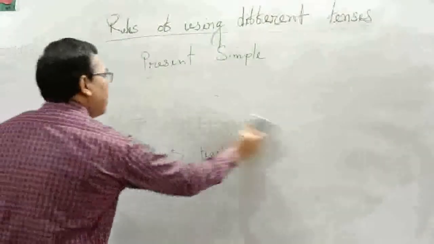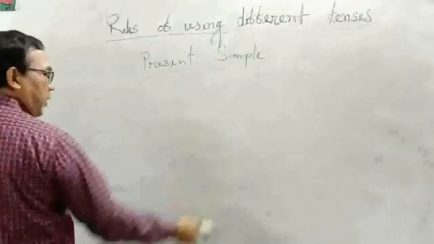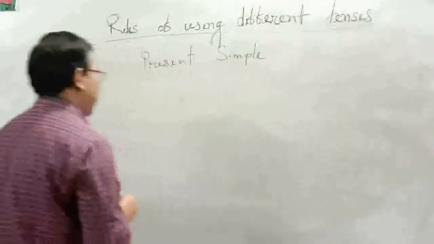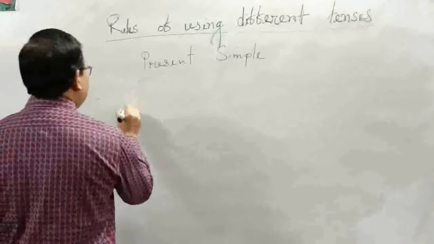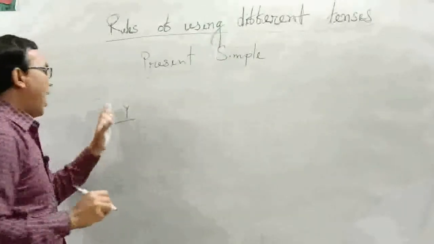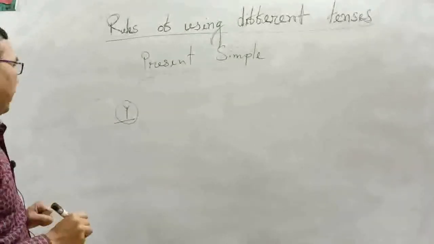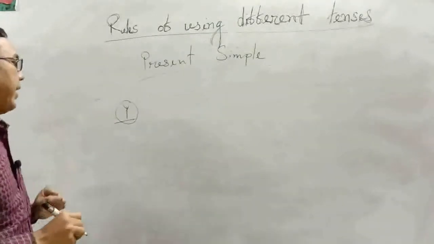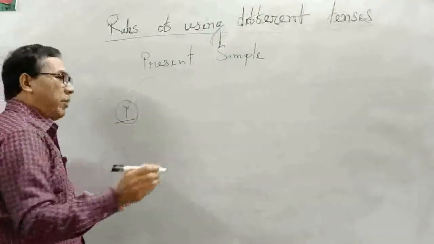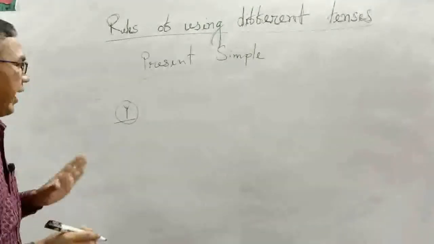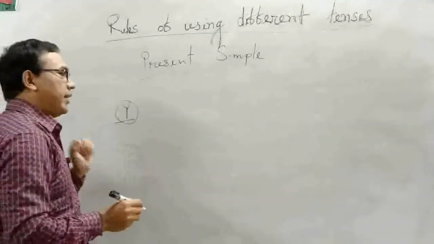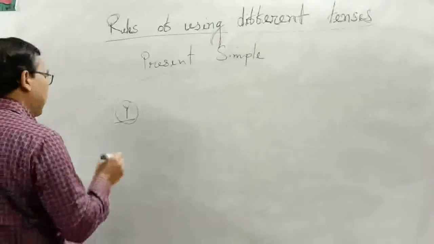And if a verb ends in y, and if the y follows a consonant, in that case y is omitted and ies is added to the verb. I am giving you some examples.